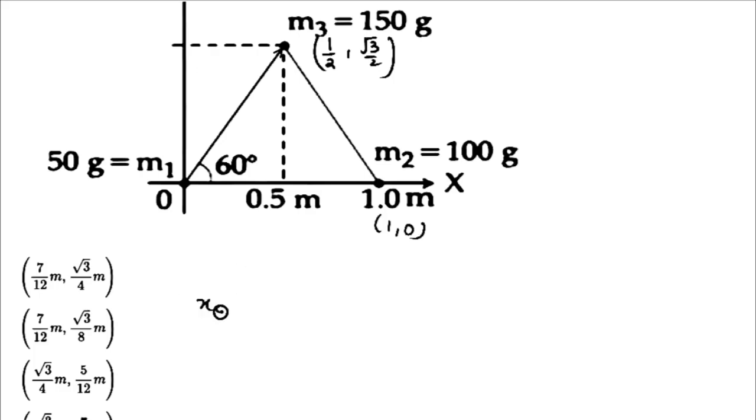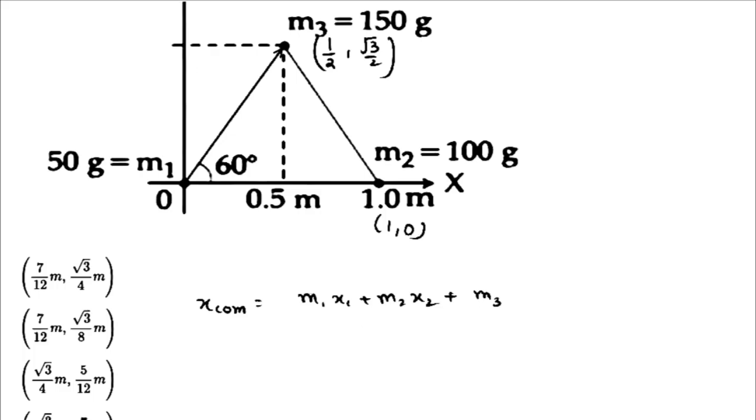Yes. So I will write down the x coordinate is equal to m1x1 plus m2x2 plus m3x3, in division total mass.